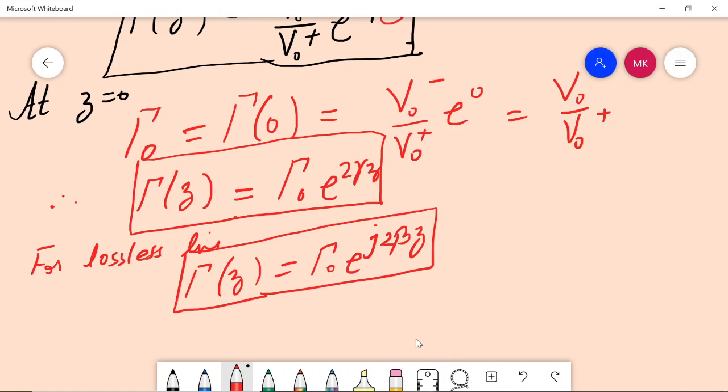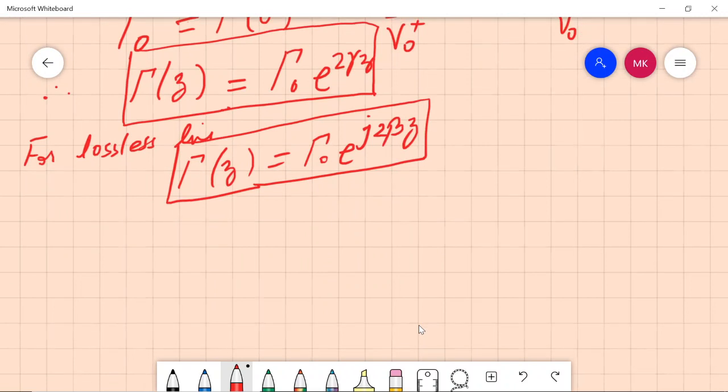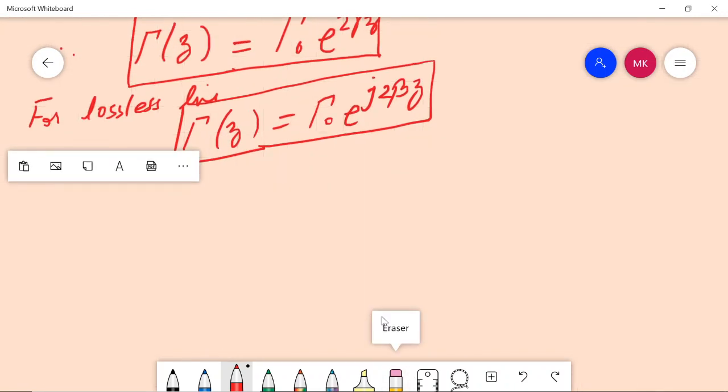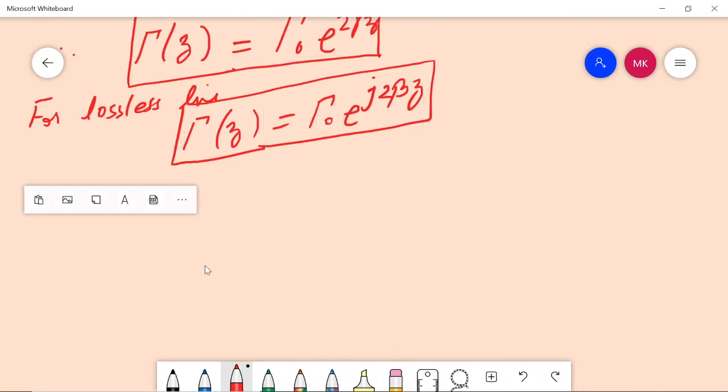Now once we know the reflection coefficient at point z, we can find the line impedance in terms of the reflection coefficient, or we can find the reflection coefficient in terms of the line impedance.